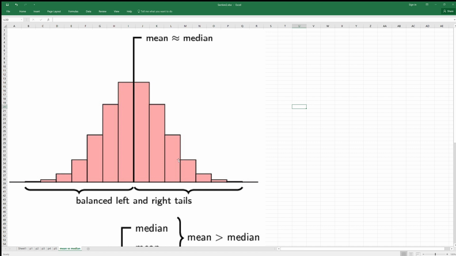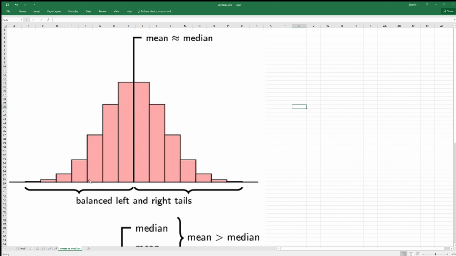Remember, the widths of the bars are all the same. It's a standard width. Call it 1 for the sake of argument. The height of the bar represents how many are in that interval, right? So for all practical intents and purposes, the area of the bar represents whatever that width is times the height.